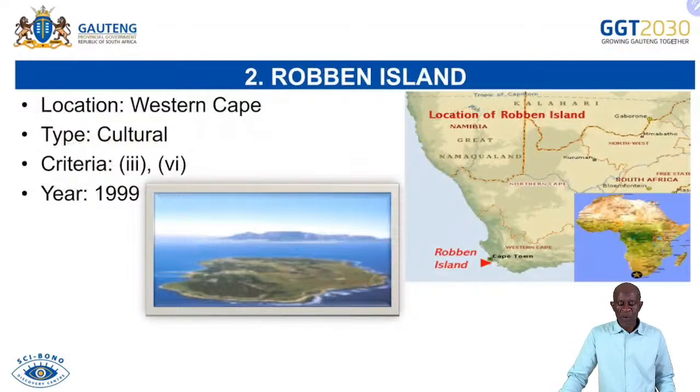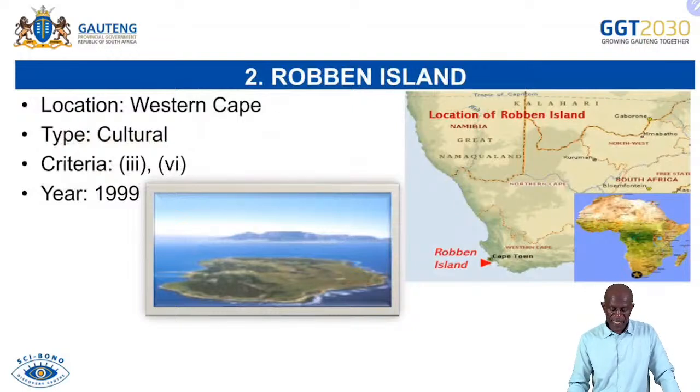So what is important here is that by now, you know that 2 of the World Heritage Sites were declared in 1999, and they are Robben Island as well as Isimangaliso Wetland Park that we have just talked about.